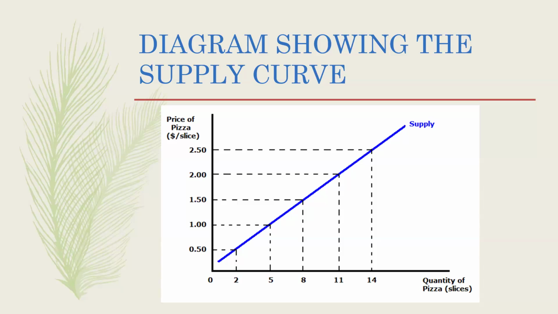So we are seeing that as prices keep going up, quantity will also keep going up. And if quantity keeps going up, prices will keep going up. That is the direct relationship, the positive relationship between supply and demand.